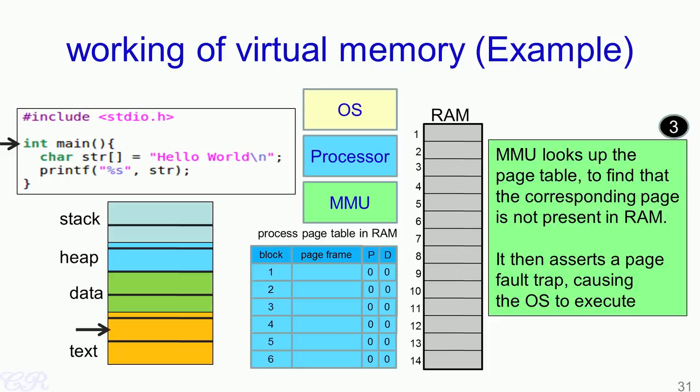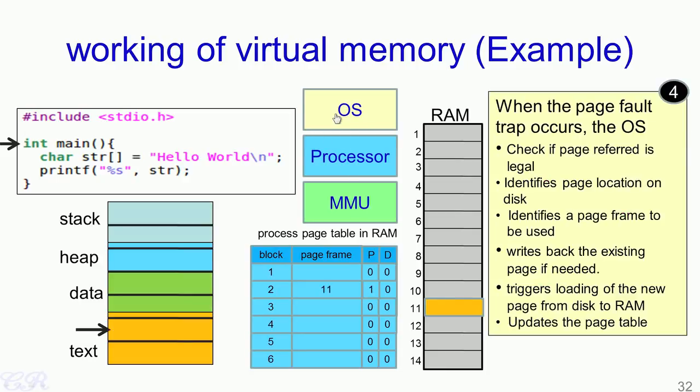When a page fault occurs, it is going to trigger the operating system to execute. Then the operating system is going to execute and determine the cause of the page fault. There is a sequence of steps that the operating system does whenever a page fault occurs. It will first check if the page referred to is legal, and only if it is legal will it continue.